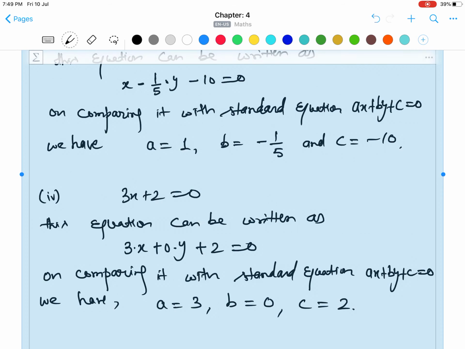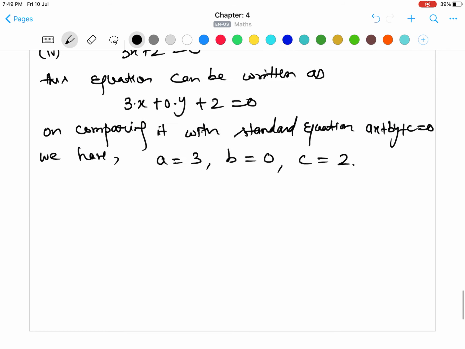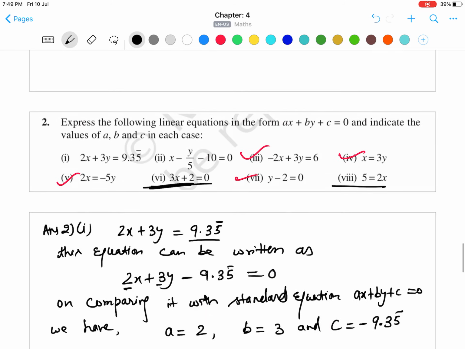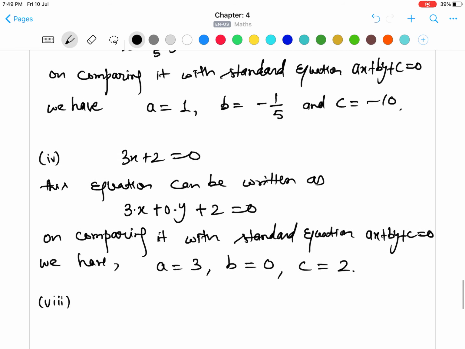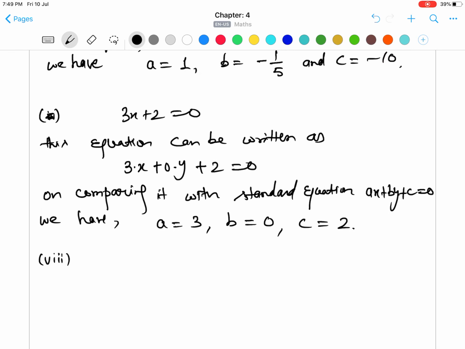Now the last part of this question and the exercise, that is part number 8. Okay, this was not the 4th, it was the 6th.